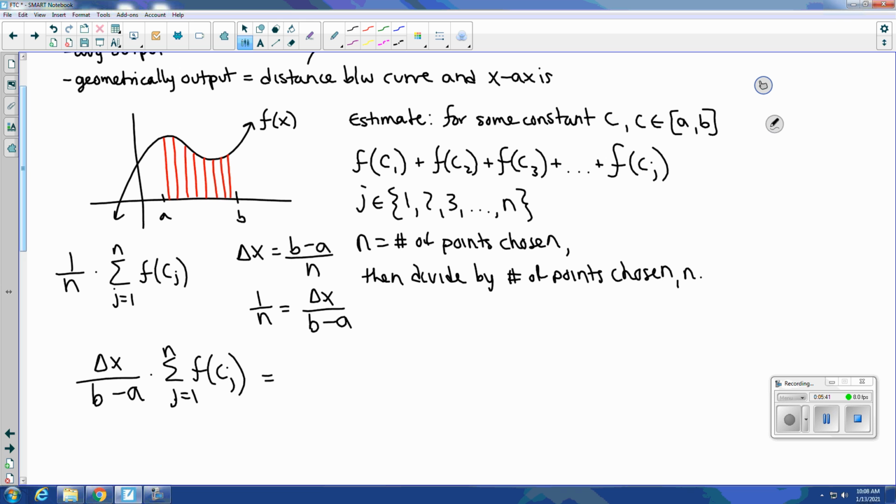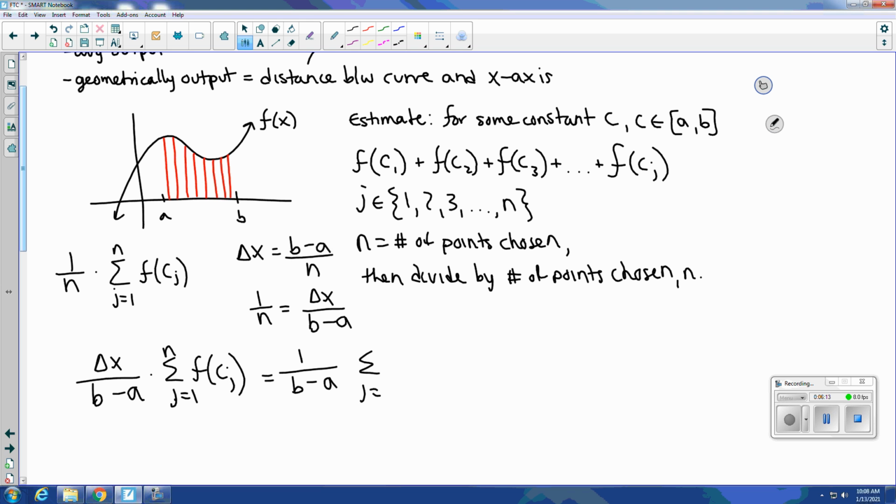When we sum things together and we're multiplying by this value that represents the distance between the outputs, we can manipulate this a little bit further, because when we add things together, say we're doing 1 plus 2 plus 3 plus 4, and at the end we multiply it by, say, 2, well, we could multiply each individually by 2 and then add them all up. That still works. So that delta x, we're going to put it in that sigma summation notation. So we're going to put that inside here.